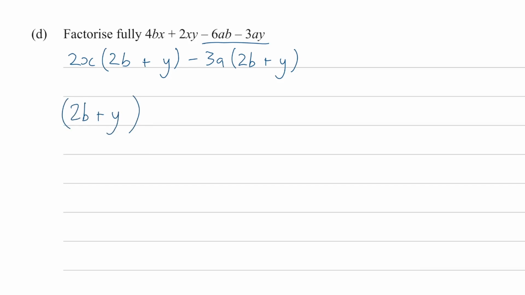And now 2b plus y times what gives us this first term, excuse me? Well, it's just 2x. And then 2b plus y times what gives us -3a times 2b plus y? Well, that will be -3a.